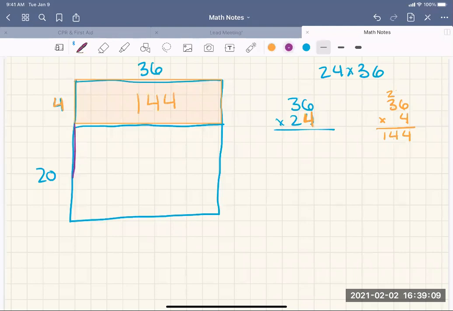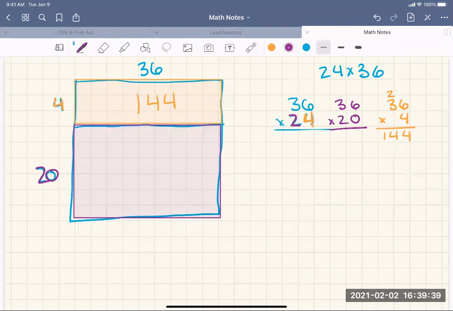Okay, and then down here, we're going to do 20 times 36. Okay, we know 36 times 20 is really just 36 times 2 tens, right?